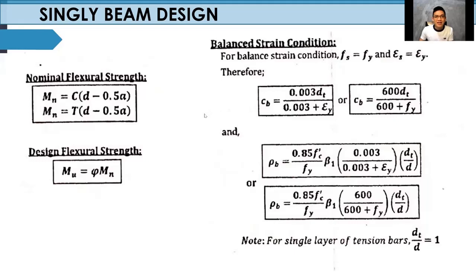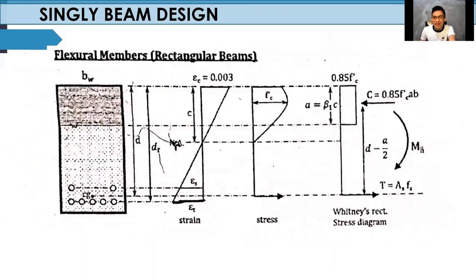So next slide, ayan. So here we have our nominal flexural strength. So kasi minsan sinasabi ng ating mga board exam problems na using nominal flexural strength, no? So therefore, pag ganyan, automatic ito na yung gagamitin natin for our moment itself. So as you can see kanina sa ating graph, sa ating figure, diba? We have our compression and tension.